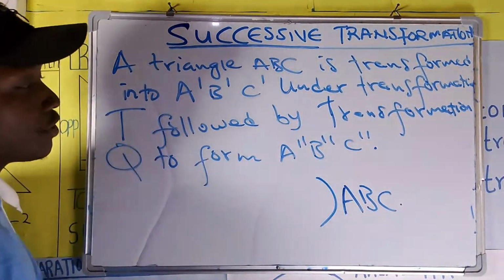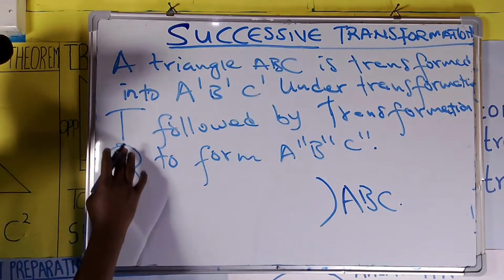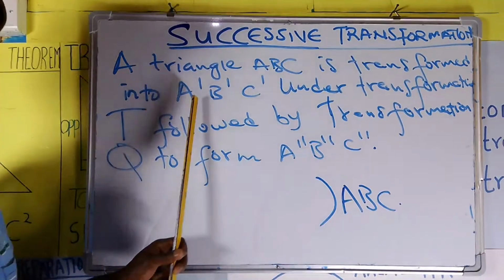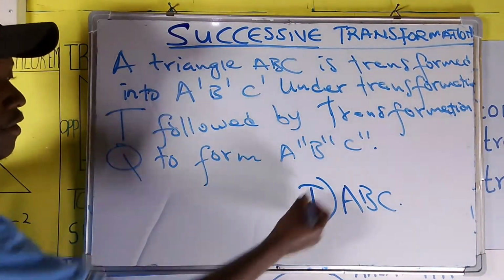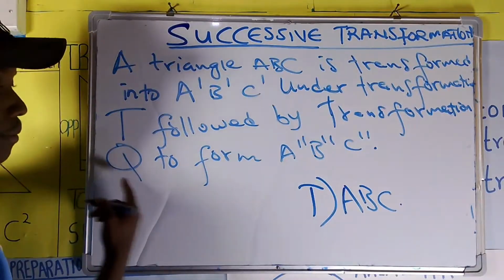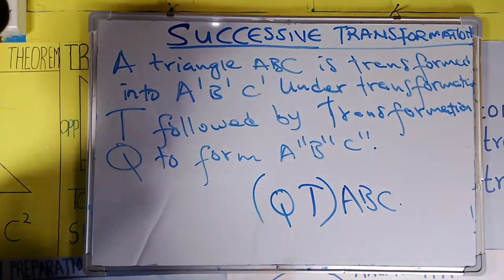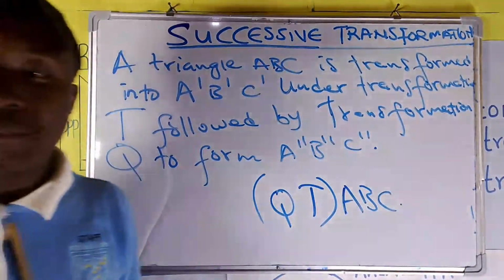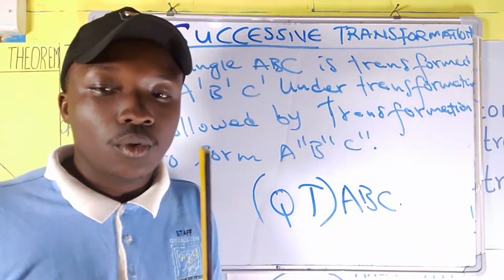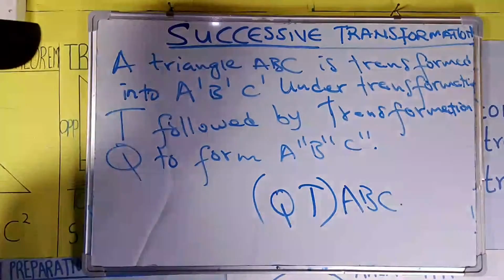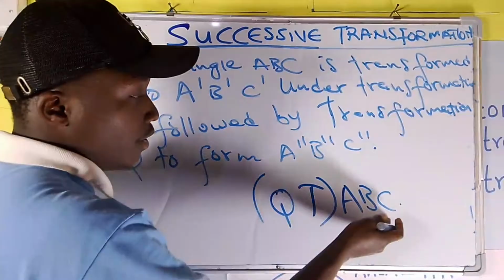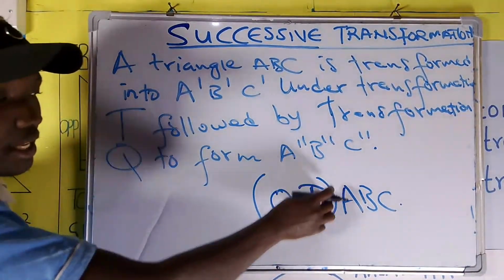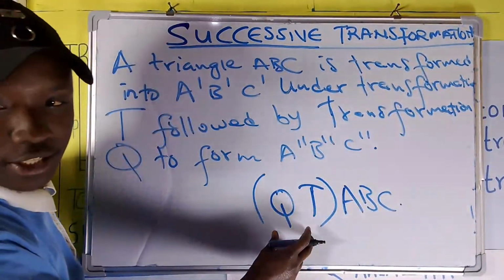The first transformation is transformation T, which forms A prime, B prime, C prime, followed by transformation Q, which forms A double prime, B double prime, C double prime. So the first transformation forms the first image, then the first image is the object of the second transformation.